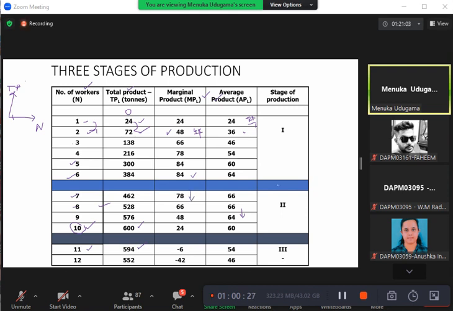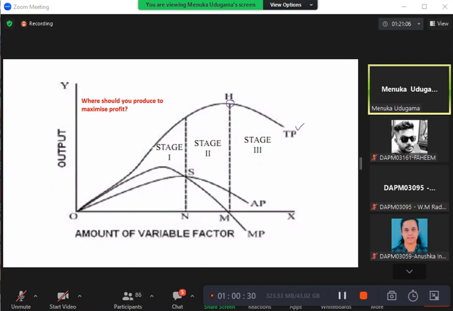So it comes to a maximum and then starts decreasing.